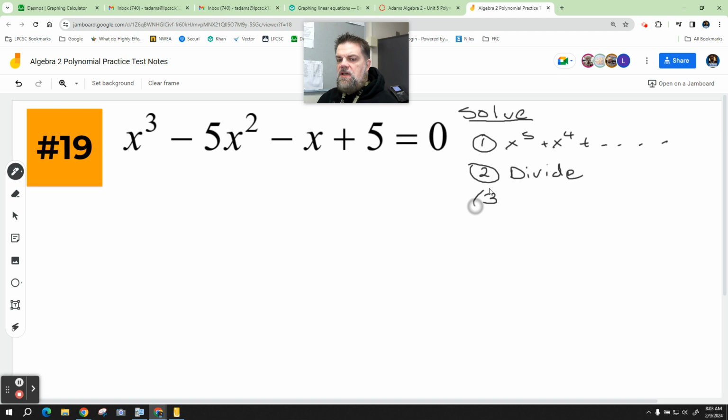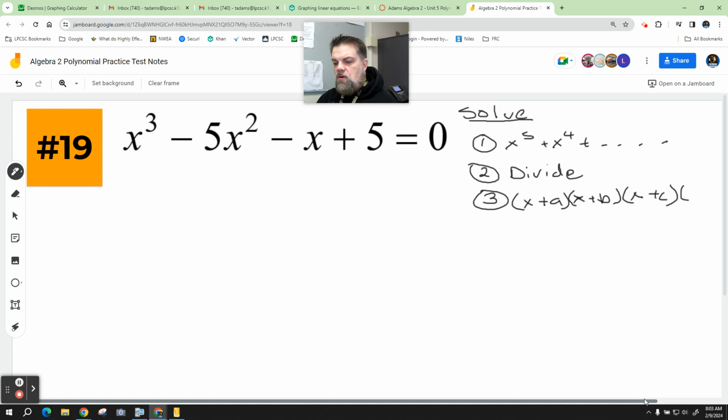And then step 3 is you divide until you get x plus a number, we'll just say a, times x plus another number, we'll call it b, and you just keep doing it until at some point you'll say x plus c.